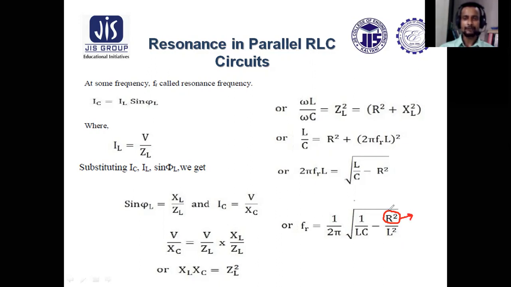So if R is very small, then this part may be neglected or equated to 0. If this part is equated to 0, then FR will become 1 by 2 pi under root 1 by LC, which is the expression for resonant frequency for a series resonating circuit. So for a series resonating circuit and for a parallel resonating circuit, you will get the same expression if we consider R, that is the resistance of the coil, is negligible.